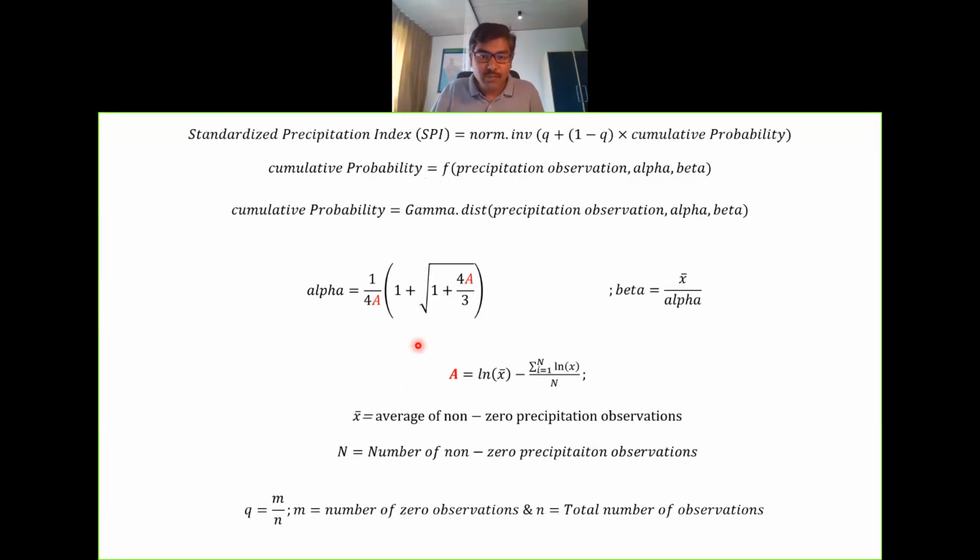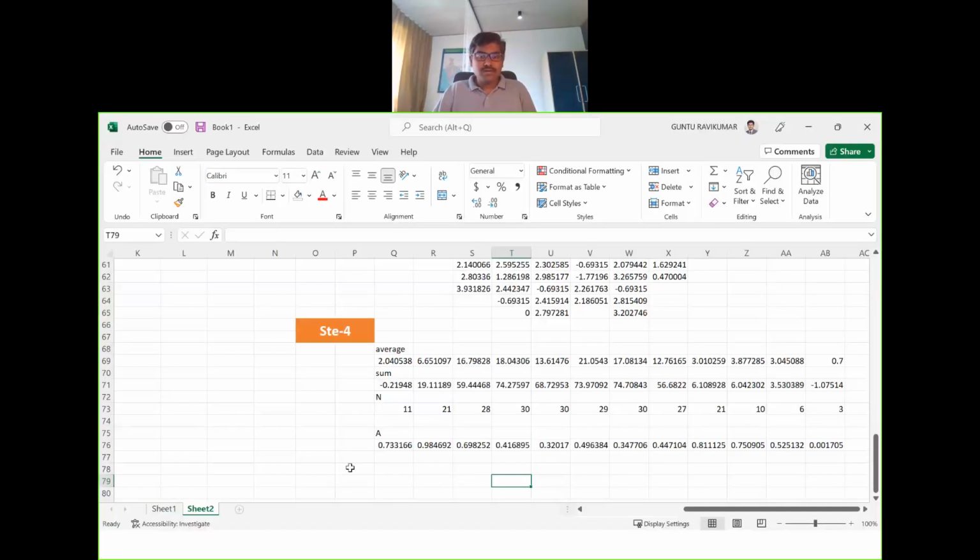What's the next step? We achieved A. Now we need to calculate alpha. Alpha is equal to 1 by 4A.